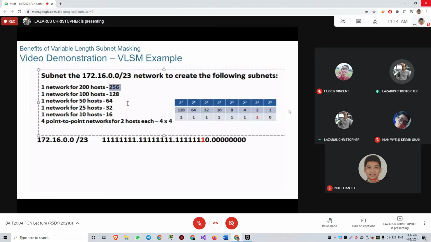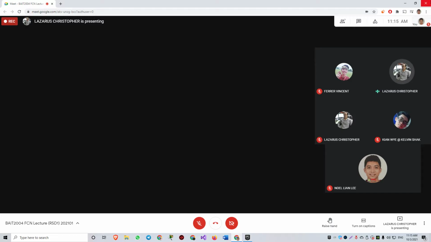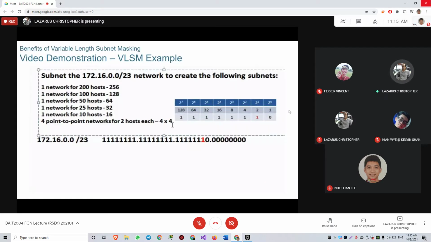That number does not reflect the usable hosts, but the total number of addresses in the subnet. Similarly, I'm unable to create exactly a 100 host subnet, but I can create a 128 host subnet, a 64 subnet, a 32 subnet, and 4 subnets of 4 will satisfy these requirements.